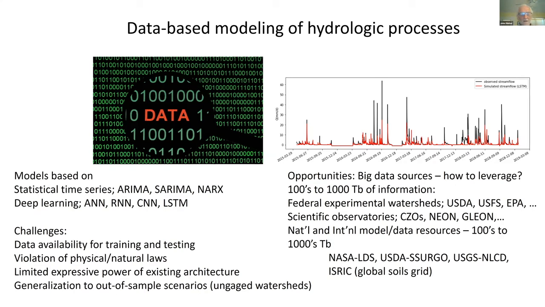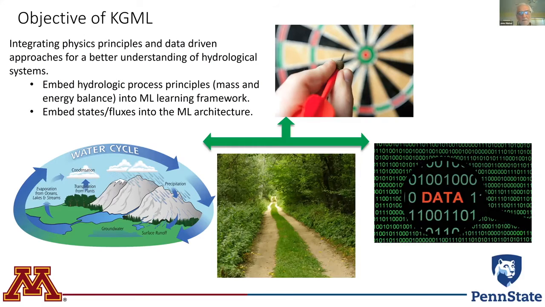So this last slide kind of refers to the need to bring it all together. We've got the hydrologists with their physically based models on one side. We've got the data scientists with their ML models on the other side. And the opportunity or challenge is to guide the development of ML models by implicitly or explicitly imposing physics principles into the ML architecture.